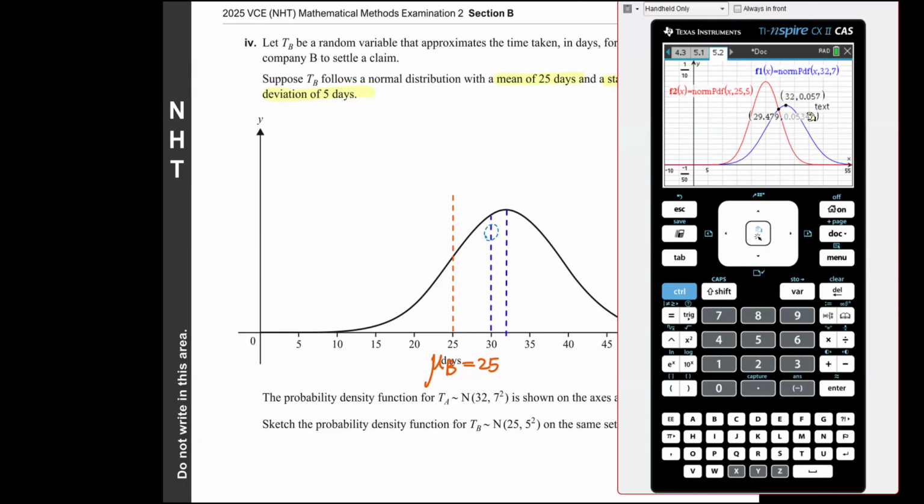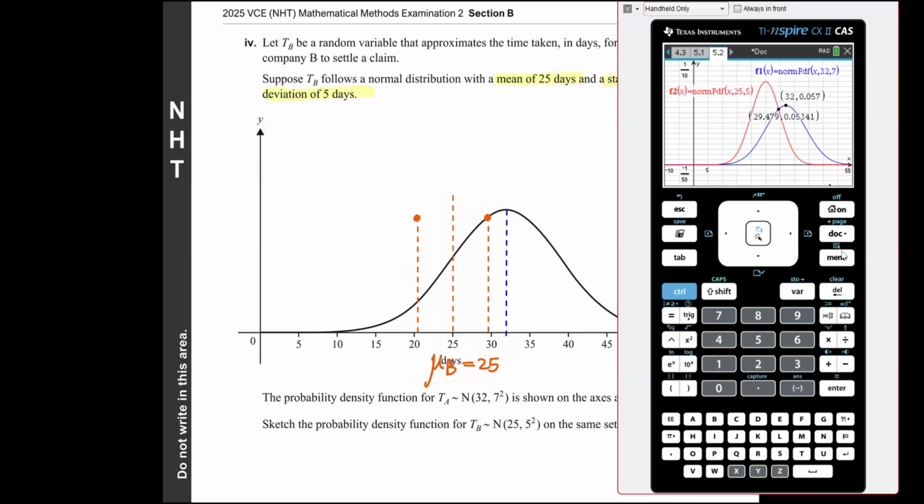Very close to, let's say, that number, 29.44 something. Maybe it's roughly here, something like that. Then you can use similar symmetry to get an idea of what's happening, okay?